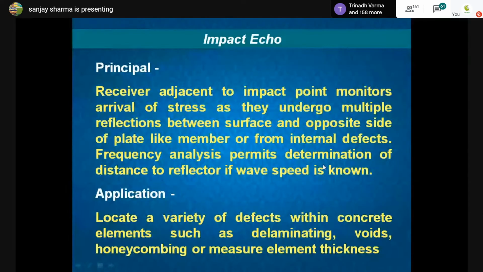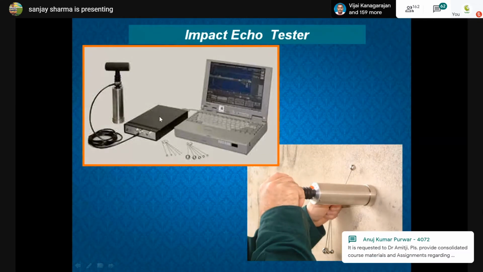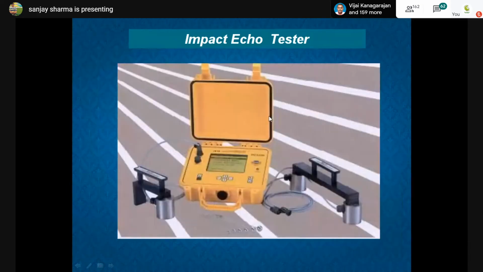We were trying to get the latest equipment, but we could not get that. So this is the one. Basically, what we do is give some impact on the surface. That impact travels down. If any deflections are there, they will be recorded in the software, and from the software we are able to read it.